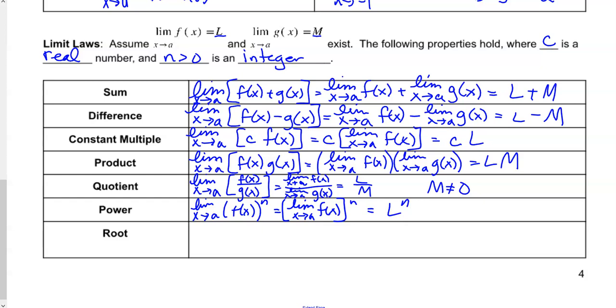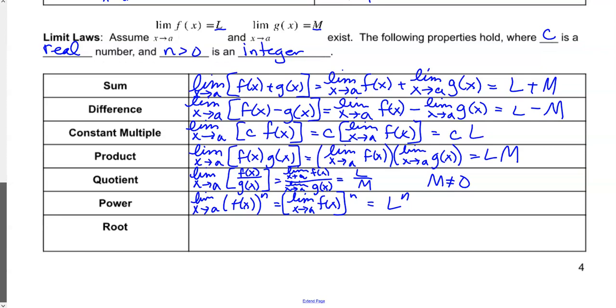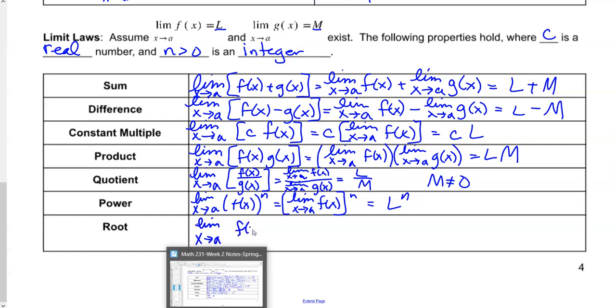And finally, this will give us the root. If you remember, a square root is 1/2, the cube root is 1/3. So we're going to write it as a fractional exponent: the limit as x approaches a of f of x to the 1 over n power. That's going to symbolize our root.